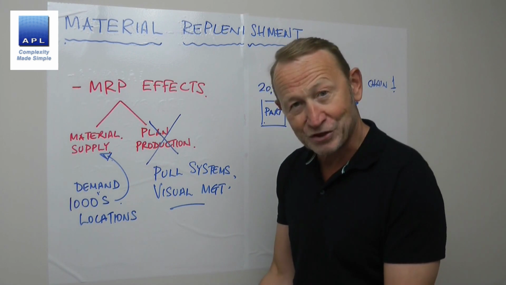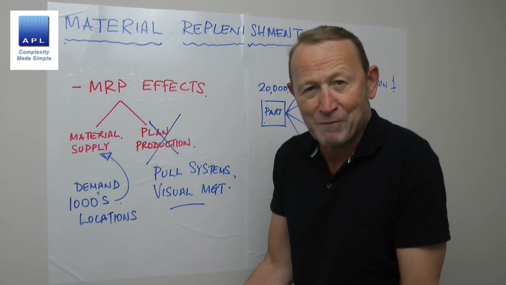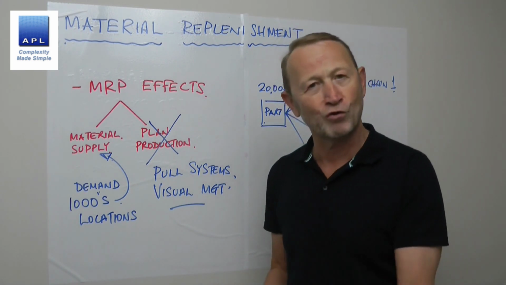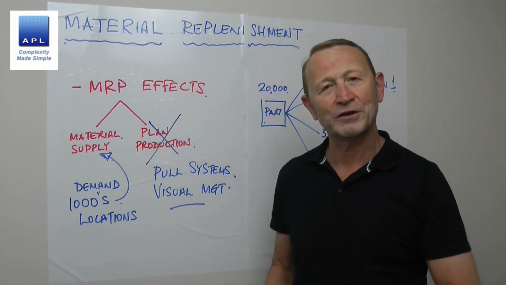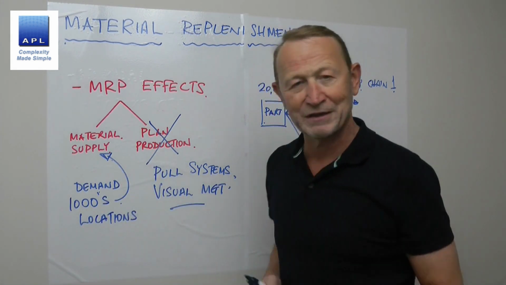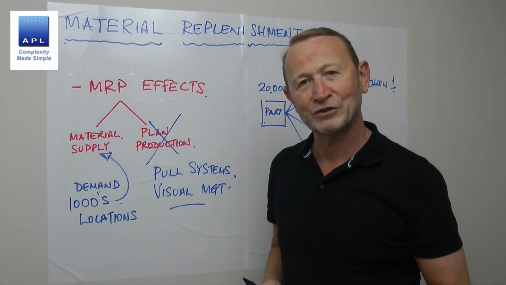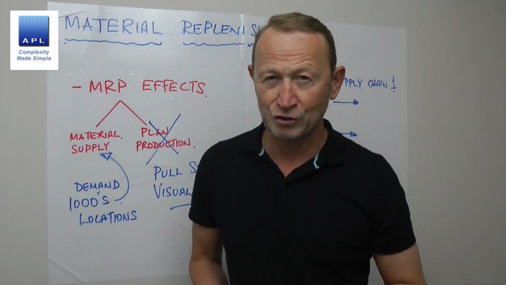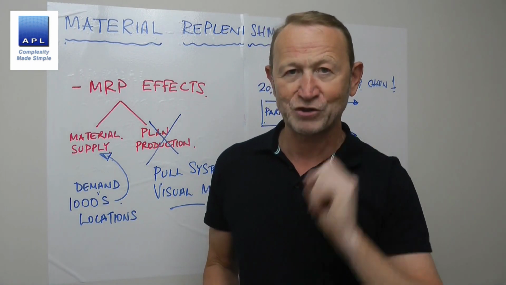If the raw materials are sitting there, there will be no signal to buy any more raw materials. You can never have too much raw material when you use pull, because you're looking at reality. This is looking at a simulation. That's why pull works. So that's the big change you're going to make by putting in a new replenishment system based on pull.